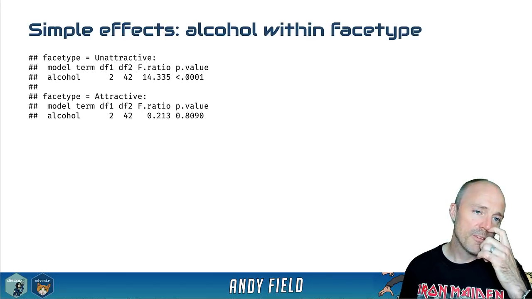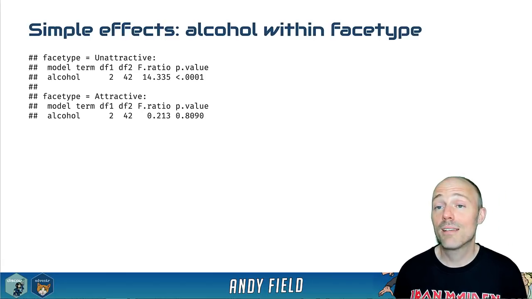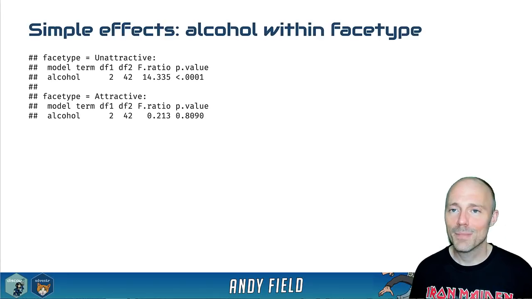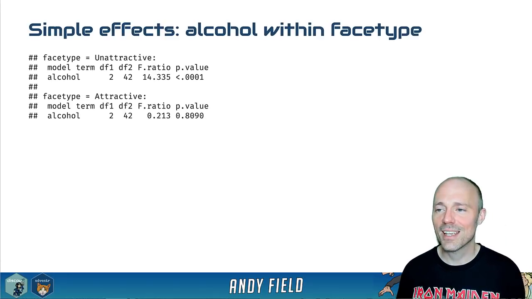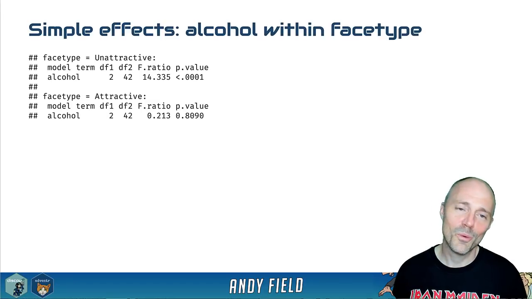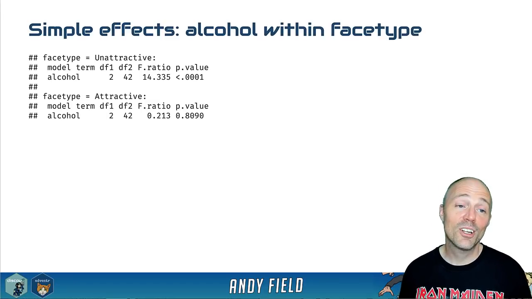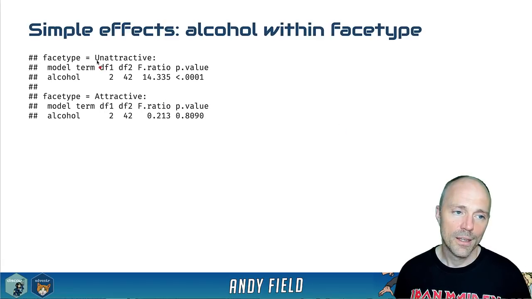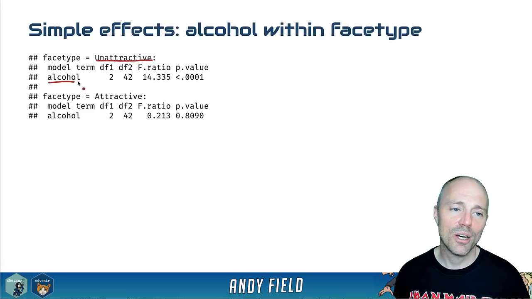If you do the simple effects the other way round, you wouldn't necessarily do it both ways round, incidentally. You normally would just pick the way that makes most sense for your hypothesis, which in this case is possibly the way that we've just done. But you can look at the effect of alcohol within face type. So for the unattractive or asymmetric faces, the effect of alcohol is highly significant.